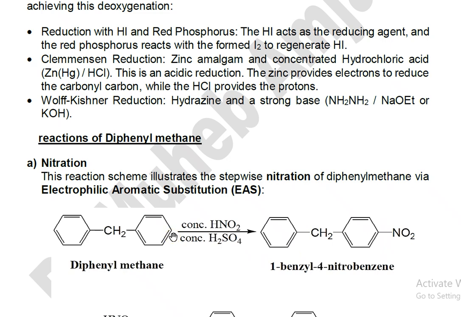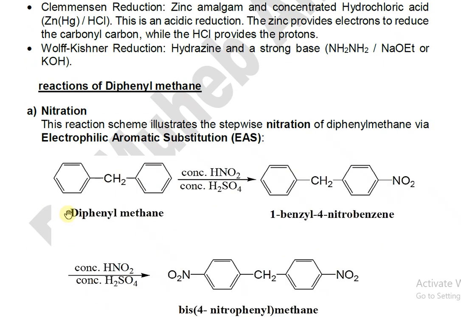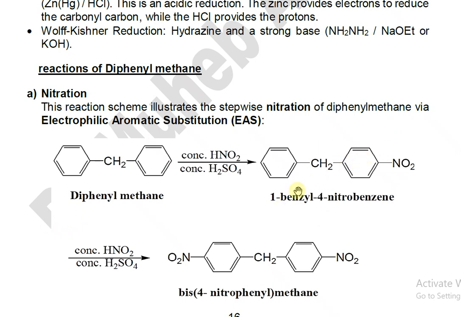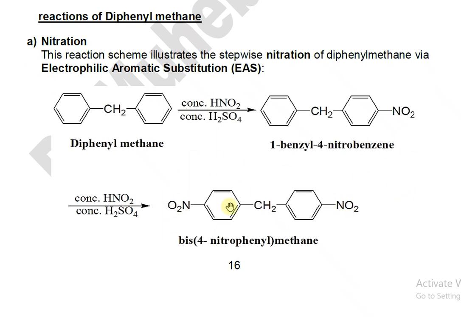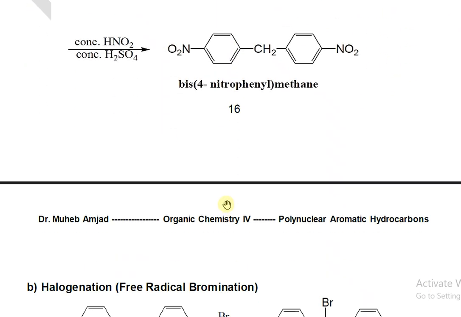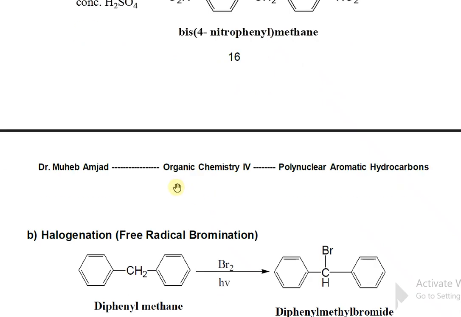So the nitro group will be here or here, the same. There is no difference. Further nitration, meaning the second NO2 group, will be substituted in the second ring, to give us bis(4-nitrophenyl)methane. So the two nitro groups are substituted in both of the benzene rings.